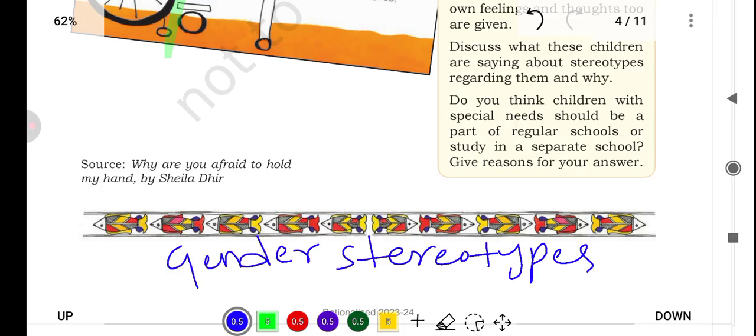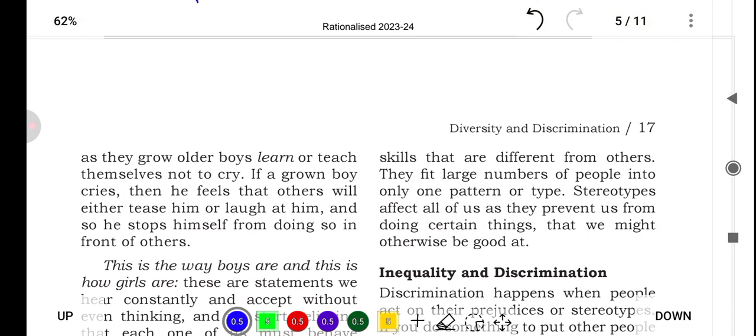This belief, despite being true for both boys and girls, often leads to them suppressing emotions despite their inherent qualities. So in this page, the term disabled has been replaced with children with special needs, highlighting common stereotypes and their own feelings. The question arises whether these children should be part of regular schools or separate ones. Let's move on to our next page.